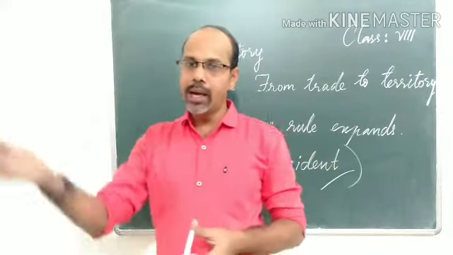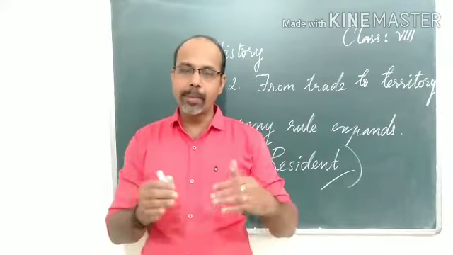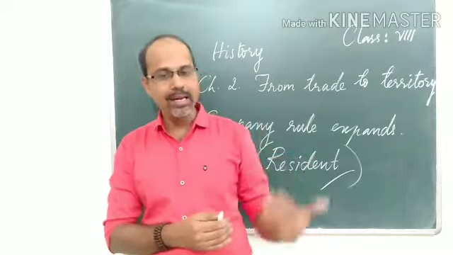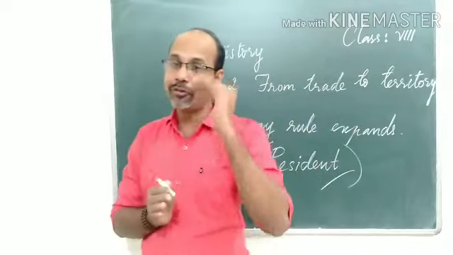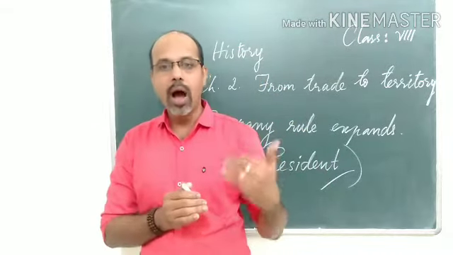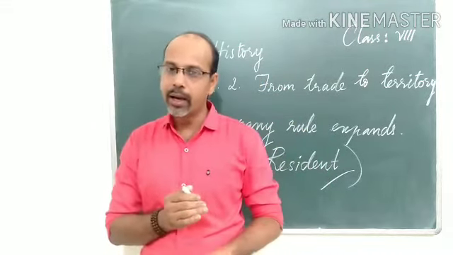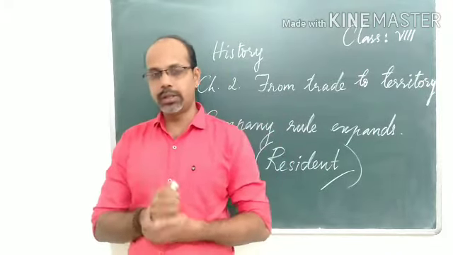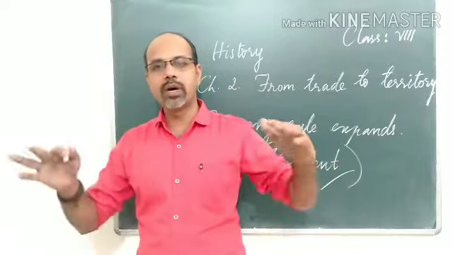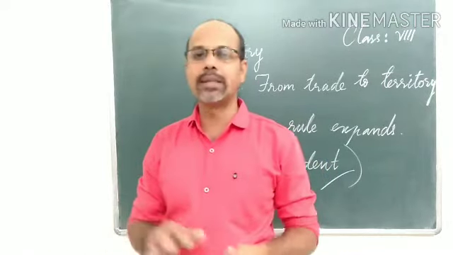Otherwise, what happens if the local ruler fails to maintain such an army, a British army in their kingdom? Their land was seized by the Britishers. Their territory or region was captured by the Britishers as a penalty.